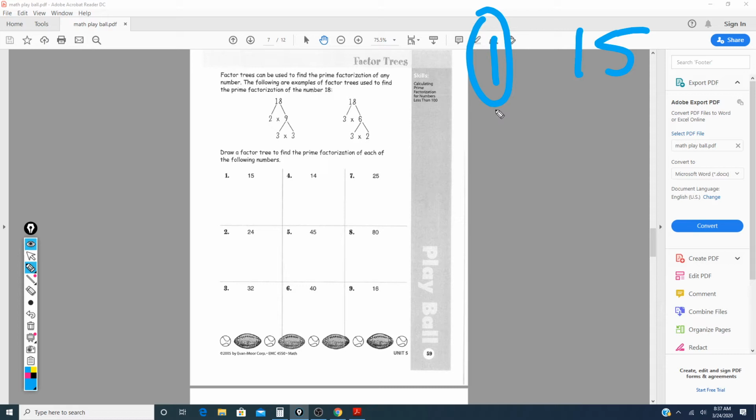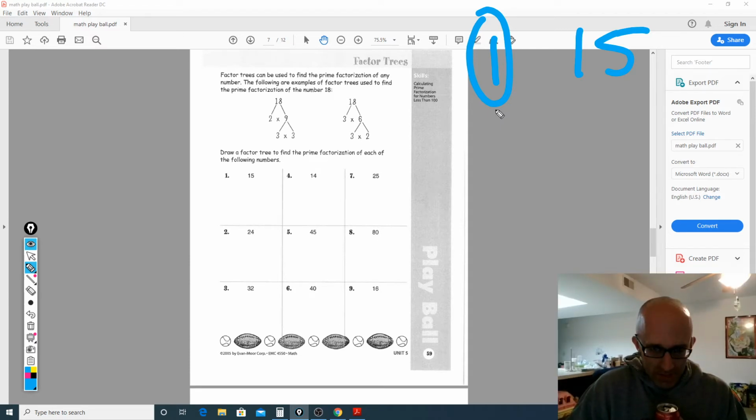The following are examples of factor trees used to find the prime factorization of the number 18. So let's draw the factor tree. Prime factors mean you cannot break it down anymore. It's all the prime factors that multiply.